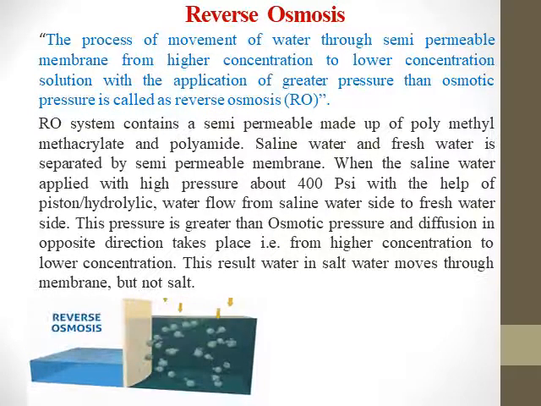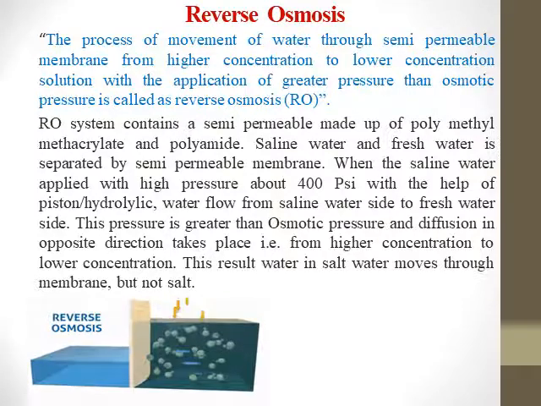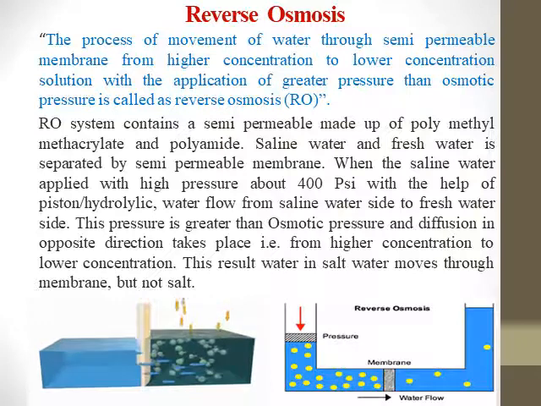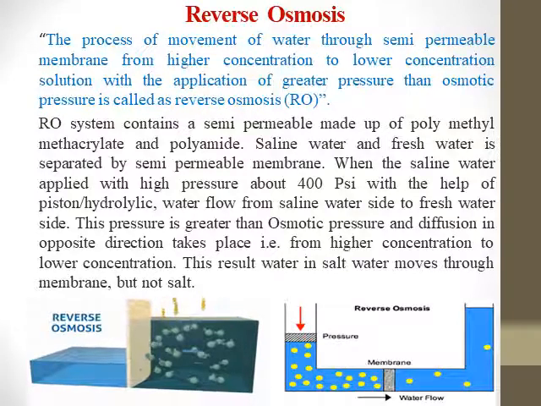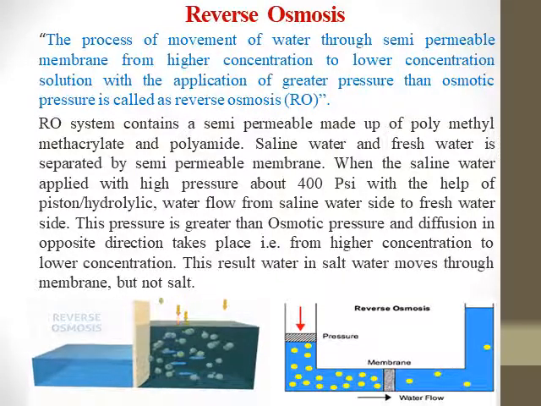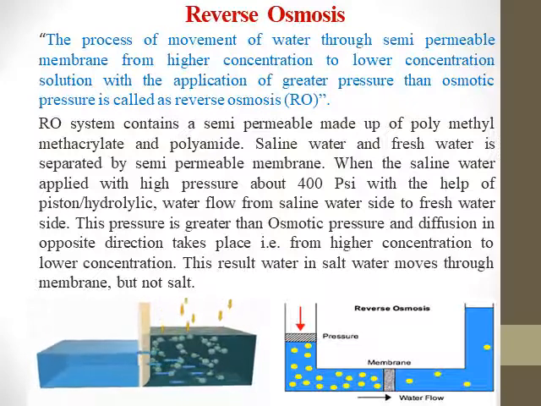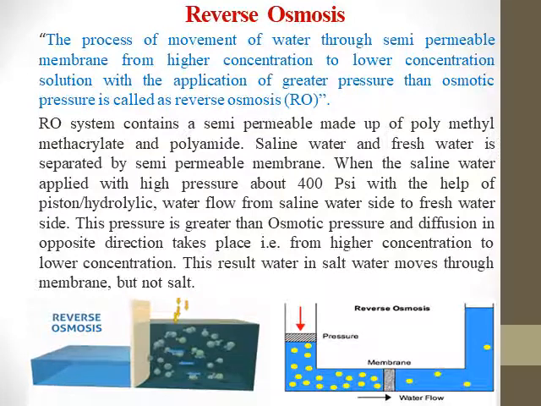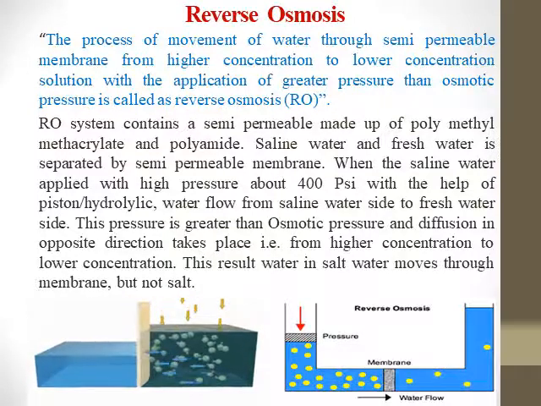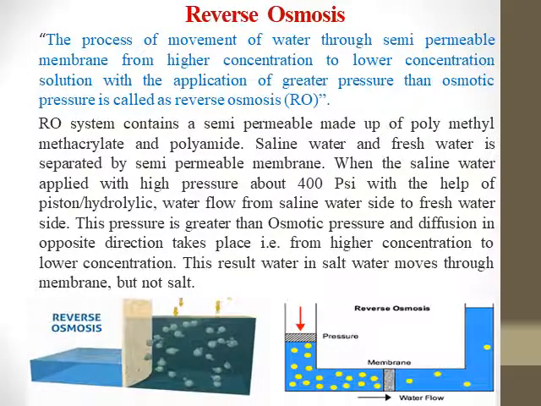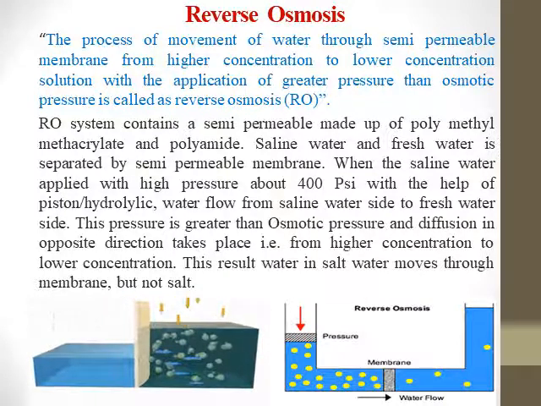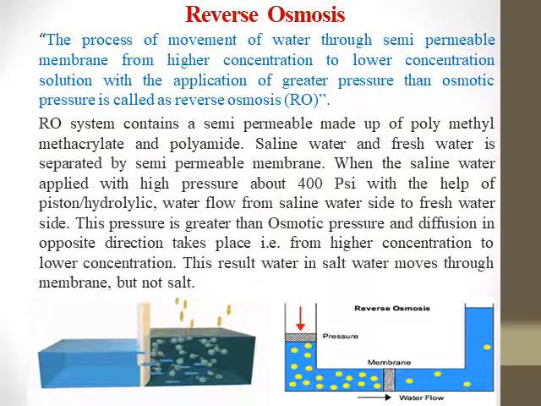Now a reverse osmosis system usually contains a semi-permeable membrane, which is made of either cellulose or an artificially prepared polymer, usually polymethyl methacrylate, or a polyamide membrane, placed between the pure water and the salt water.